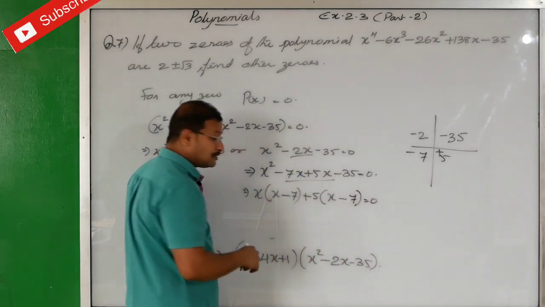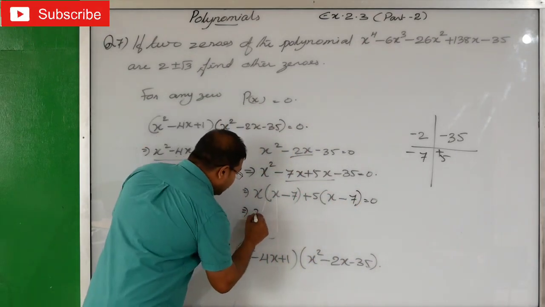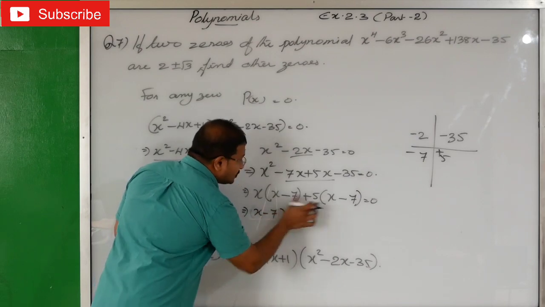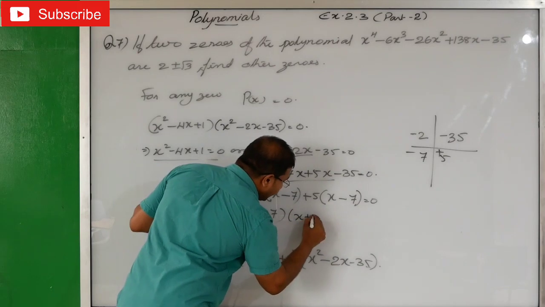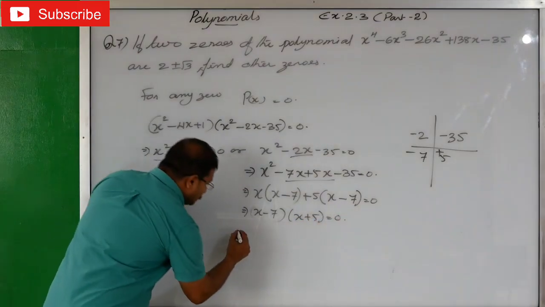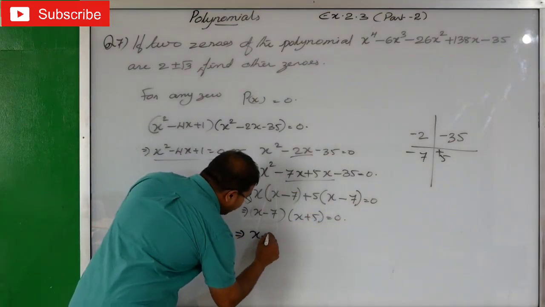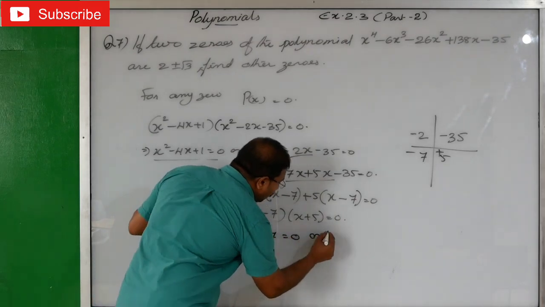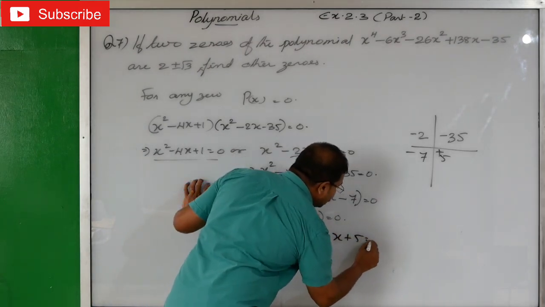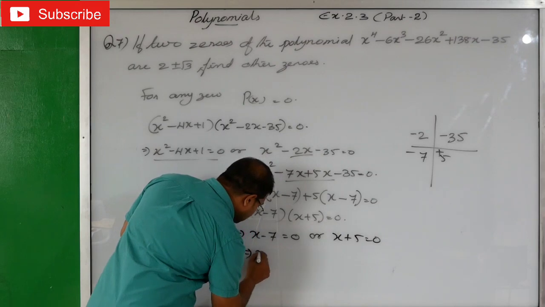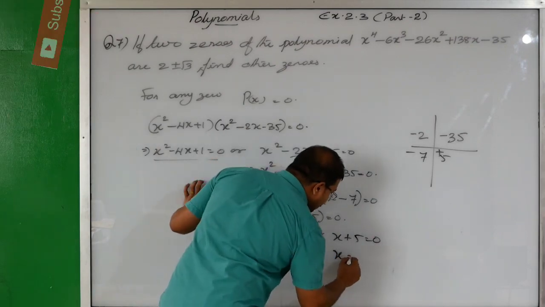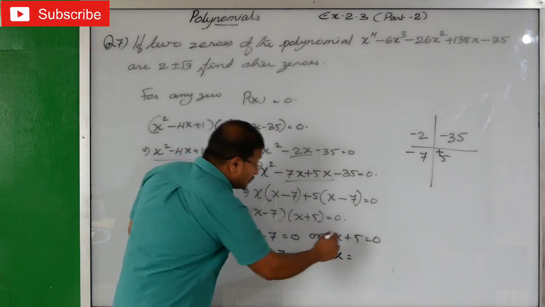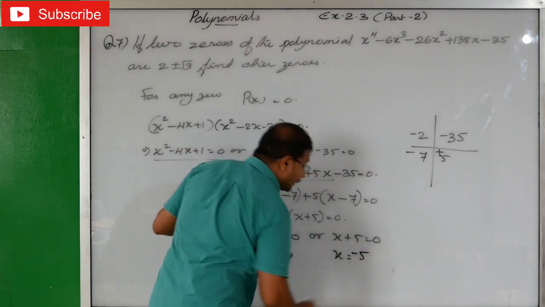See, the brackets are same. This implies x minus 7 I am taking as common now. So the balance is x plus 5 equal to 0, that implies x minus 7 equal to 0 or x plus 5 equal to 0. That implies x equals, minus 7 goes to the next side, plus 7, and of course x equals, this plus 5 goes to the next side, minus 5.